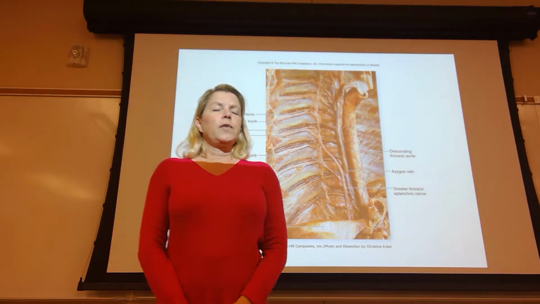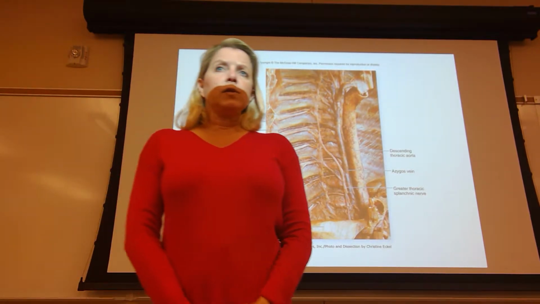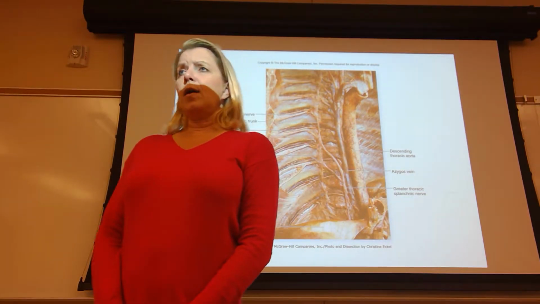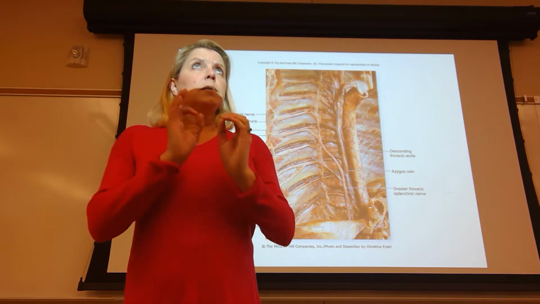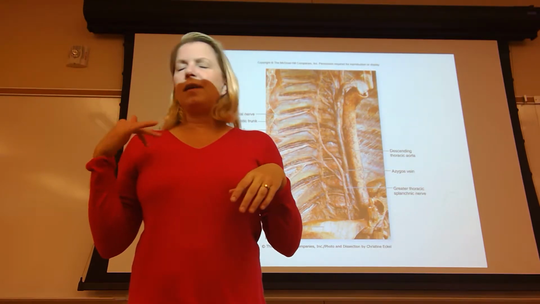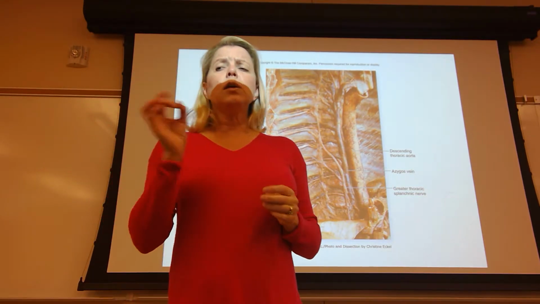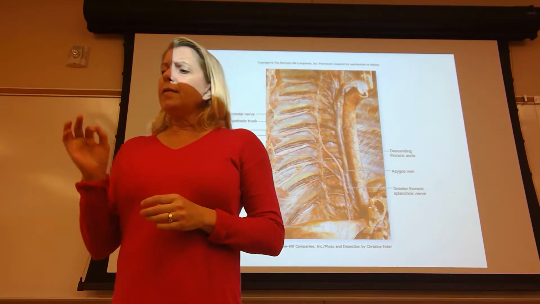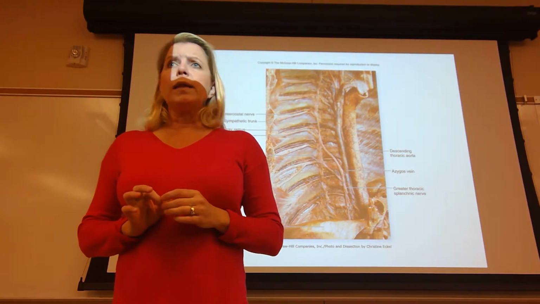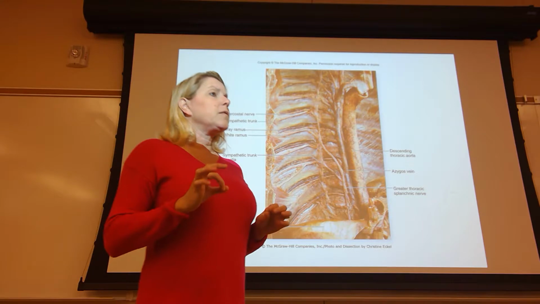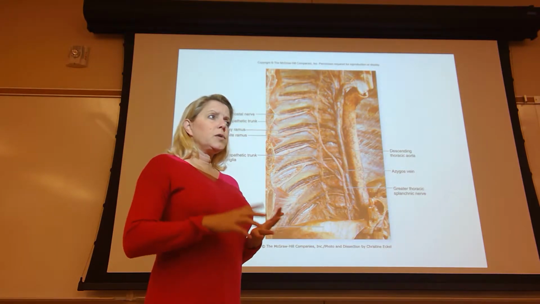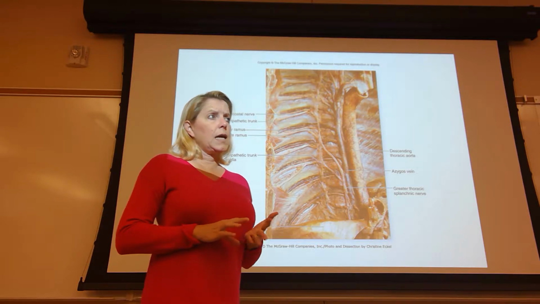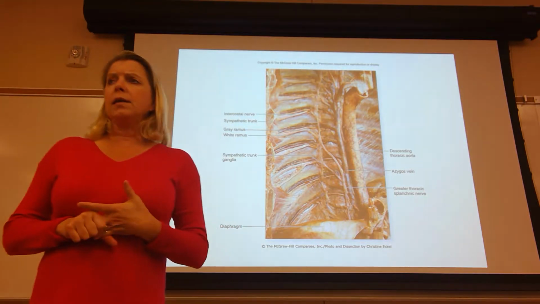Prevertebral ganglia are found on major blood vessels in the abdominal cavity. They are also called collateral ganglia, and they have specific names when they are on the blood vessels of the abdominal cavity: celiac ganglion, superior mesenteric ganglion, and inferior mesenteric ganglion.